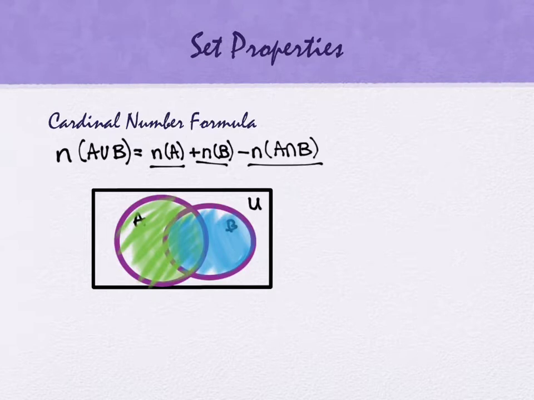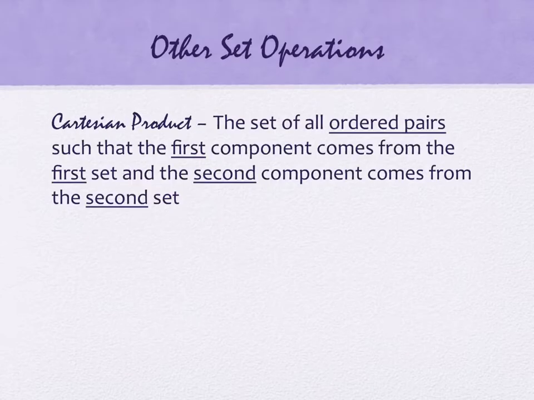Okay, there is one more set operation that I want to show you, and it's called a Cartesian product. And then we're going to do a couple of examples. The Cartesian product is the set of all ordered pairs such that the first component comes from the first set and the second component comes from the second set.